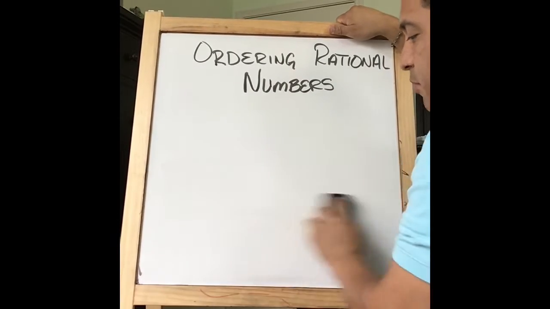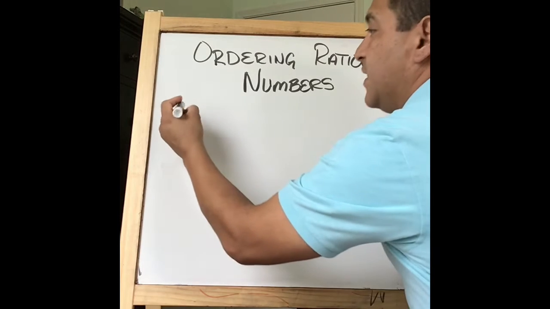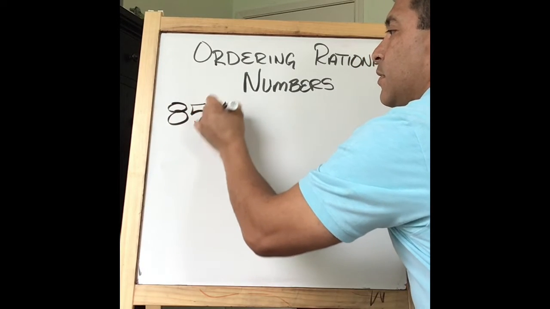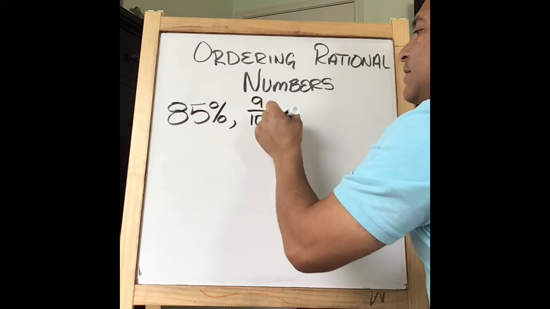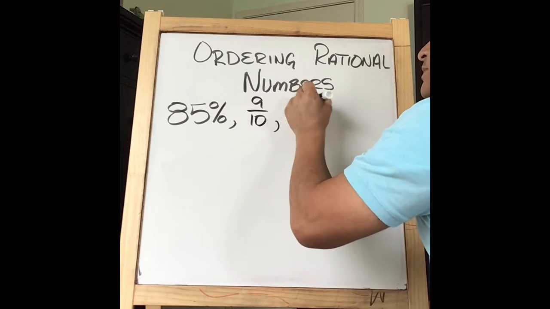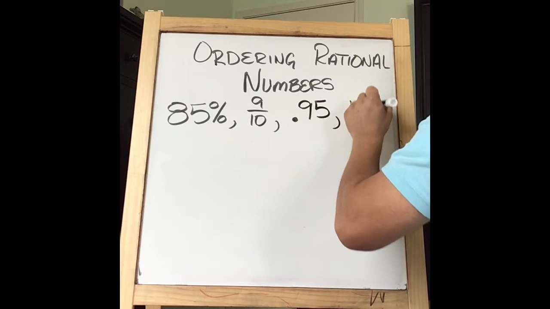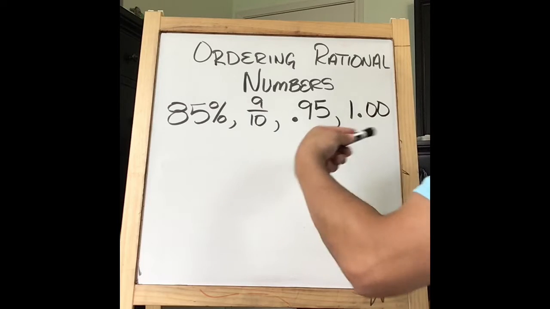Sorry, I have a small board. Let's look at some examples. We have the number 85%. We have our number 9/10, our fraction. We have our decimal 0.95, and we have a 1.00. All right, so all these numbers are different.